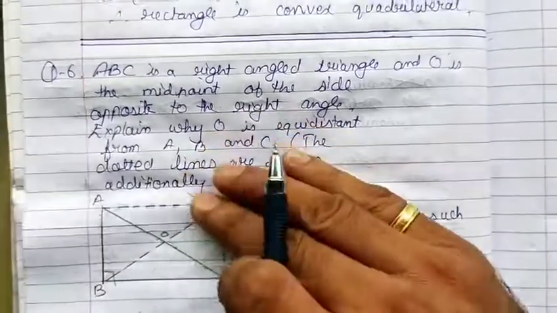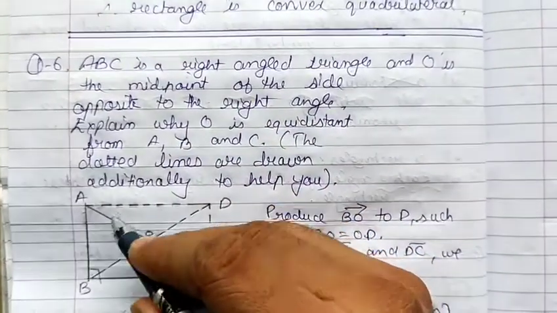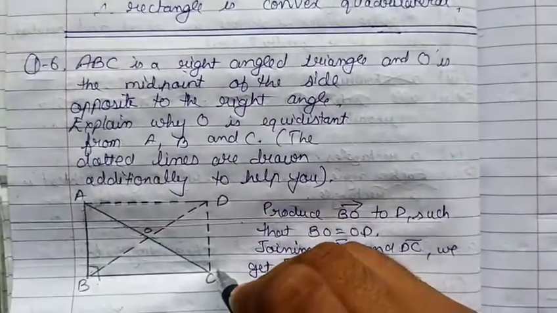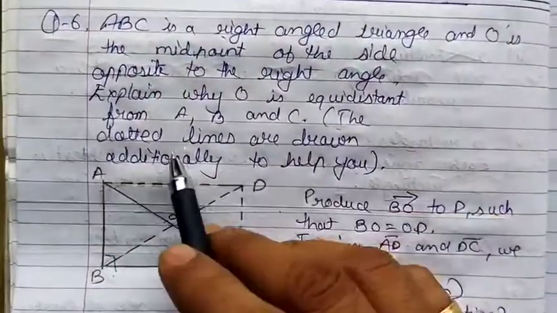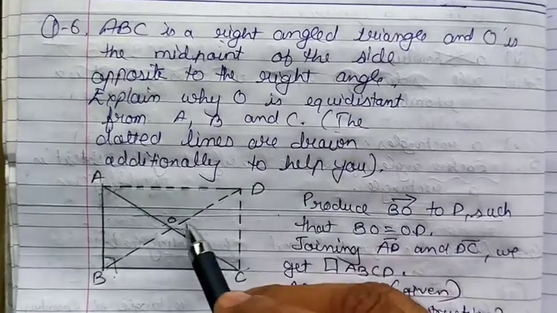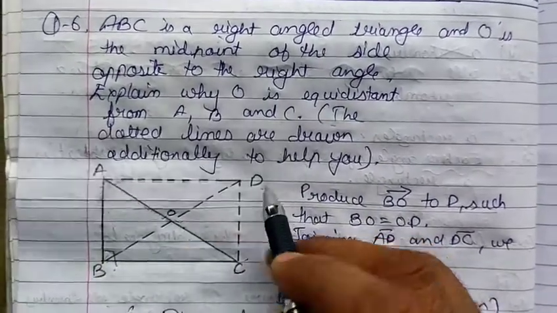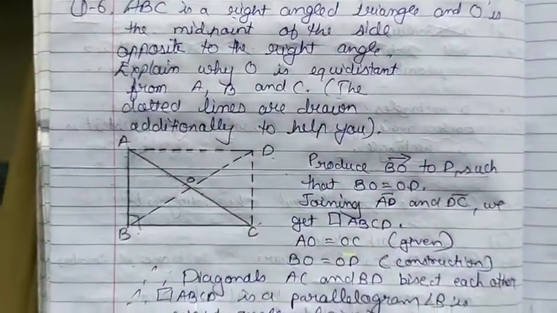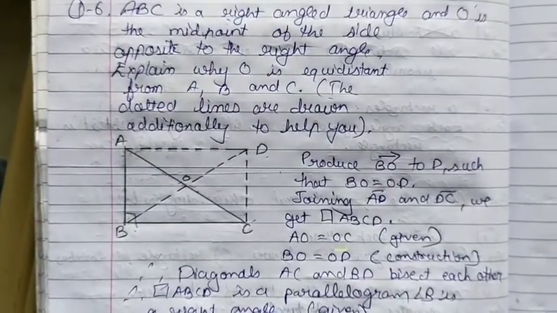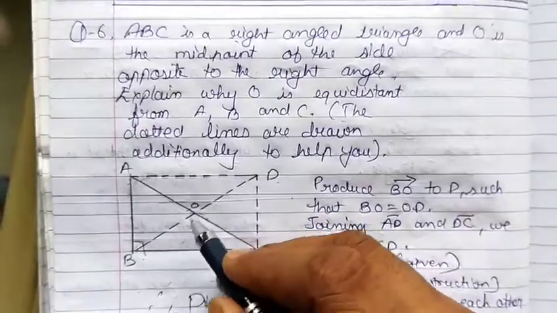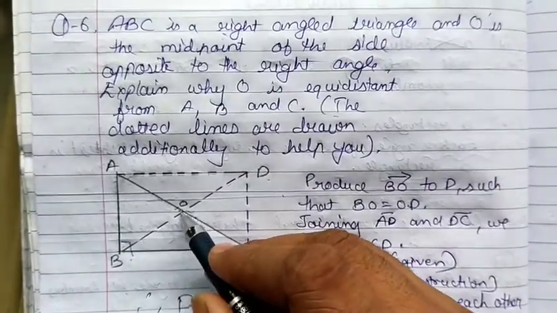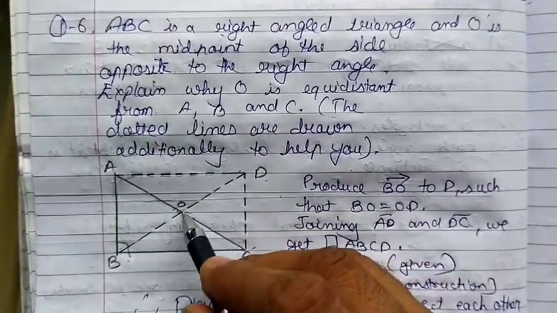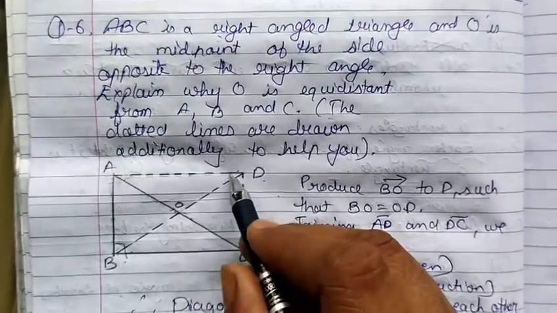Now we have to find why this O is equidistant from A, B and C. For that, one hint they have given: dotted lines are drawn additionally to help you. See this kind of dotted line. So it becomes a quadrilateral. Write down from here: produce ray BO to D such that OB equals OD.